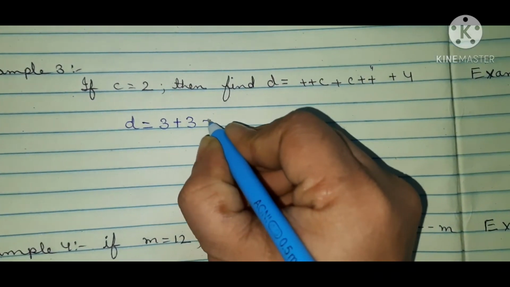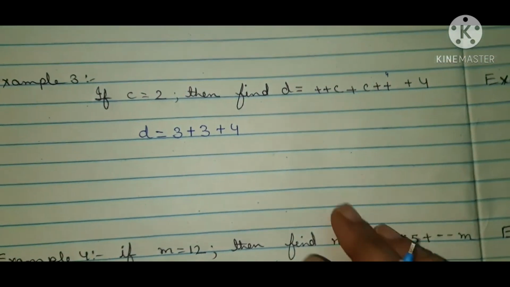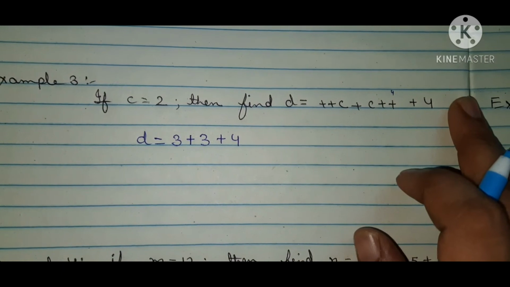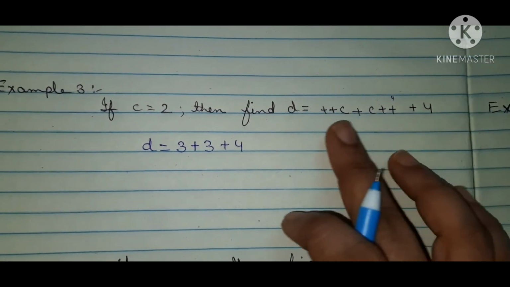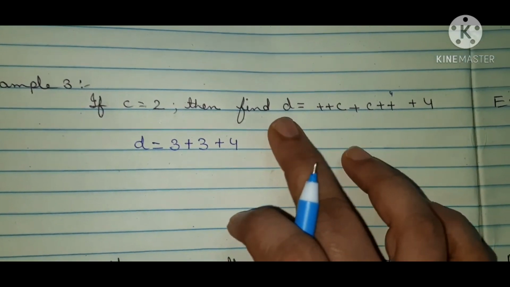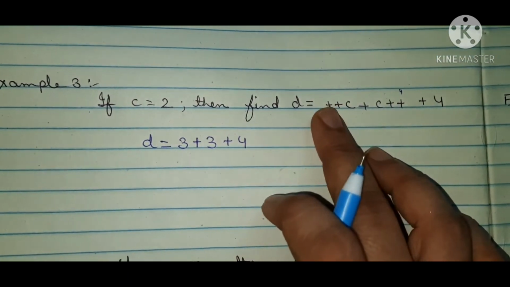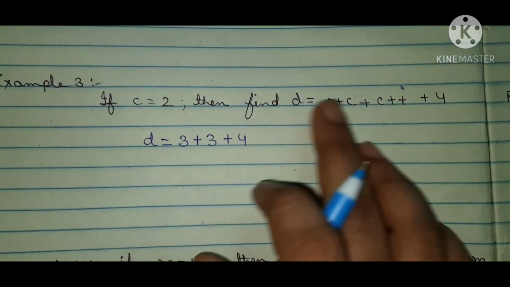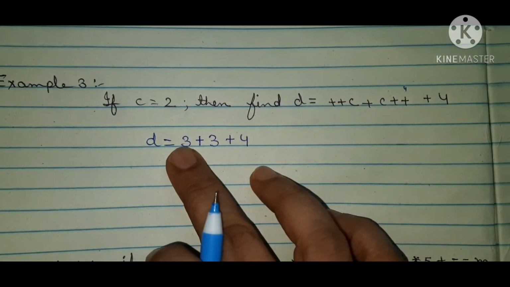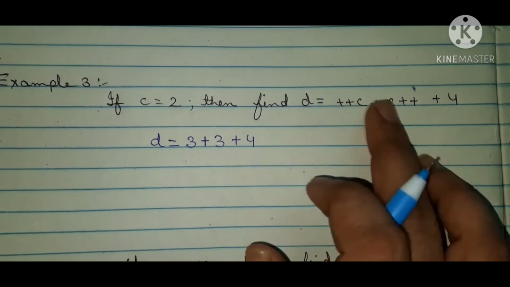But afterwards there is no more c. It is just plus 4 that is present, so we write 4. If there had been any more c, then we would have used the value 4. But once more, d equals ++c. First we increase and then write. So c's value was 2, we increased it to 3 and wrote 3. Then the plus sign.